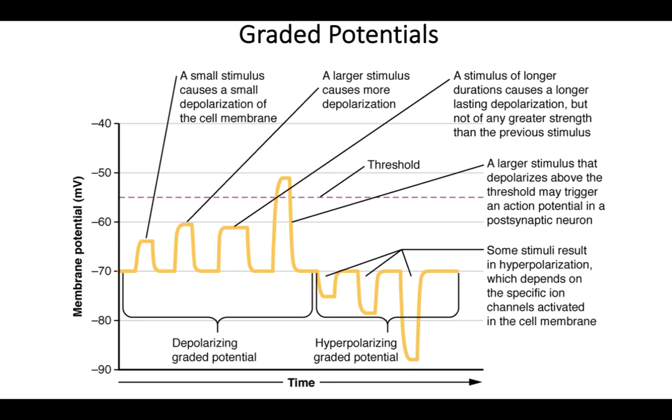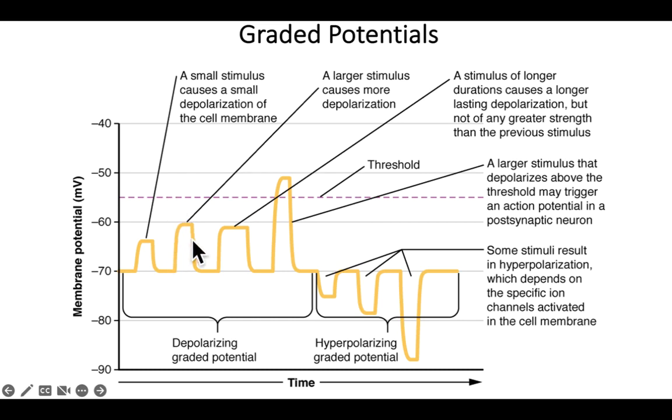Again, this idea of threshold is really important because it's kind of like pulling the trigger on the neuron, and the only way the neuron is going to fire is if you reach that threshold. So you might get small little changes. This is kind of a similar graph. There's the -70, but notice this little depolarization was a small stimulus that didn't reach that threshold.